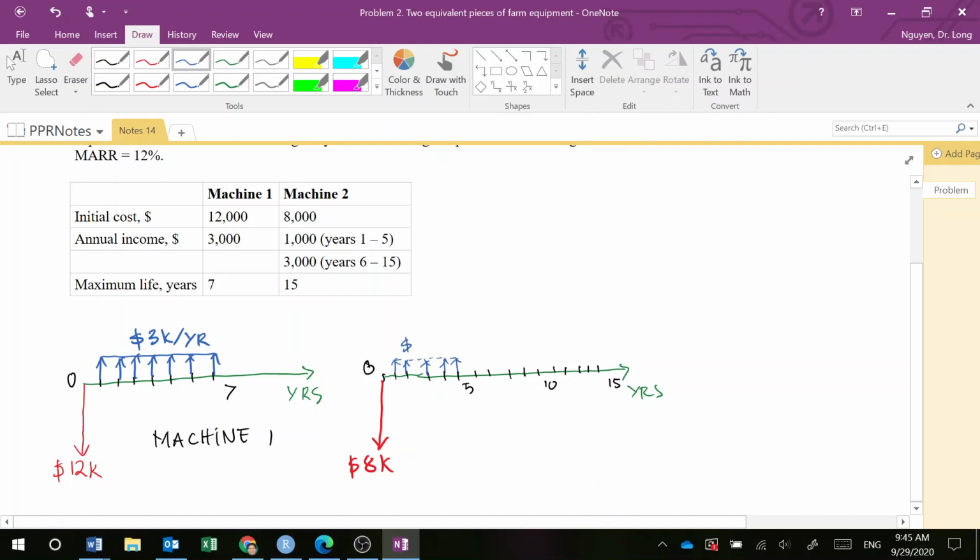And then from year 6 to 15, 3,000 per year. And this is Machine 2.